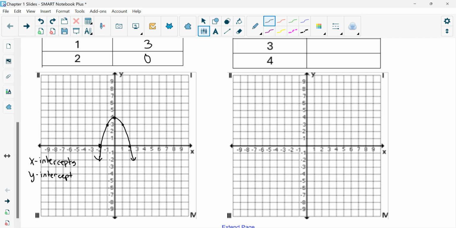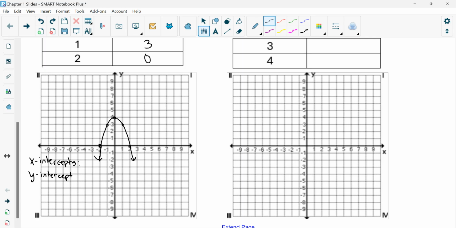Where do I find the x-intercepts? Sean? What part of the graph am I looking at? Yeah, we're looking for where the graph is crossing the x-axis.